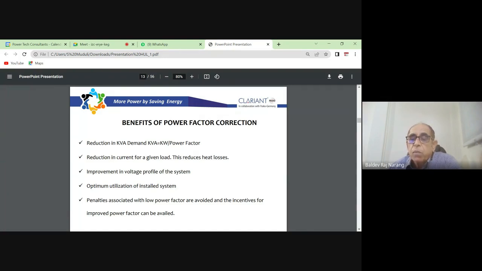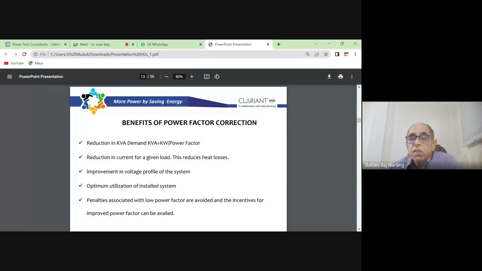Resonance, suppose at the 5th frequency or 7th frequency, will occur. It's a high frequency current, and the capacitor is the item which draws that heavy current. Whenever there is a problem due to harmonics or due to resonance, the capacitor is the first item which fails. It fails because the impedance offered by the capacitor is very, very low. So that is why it fails.